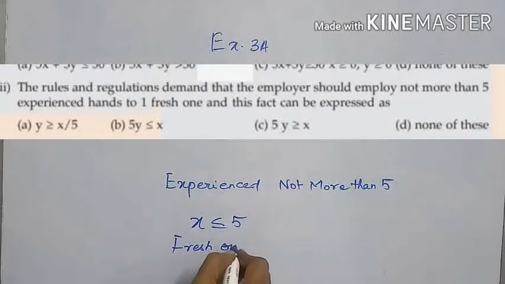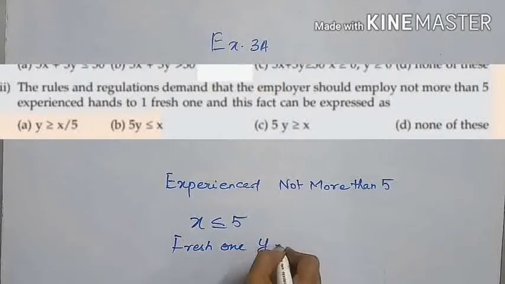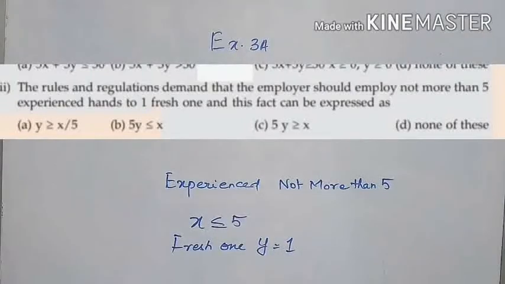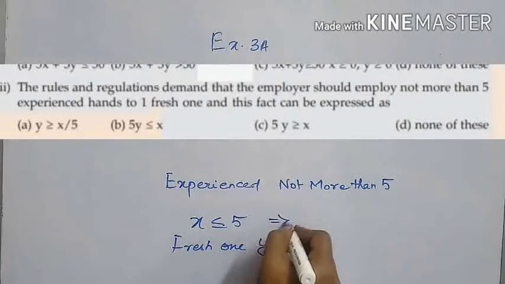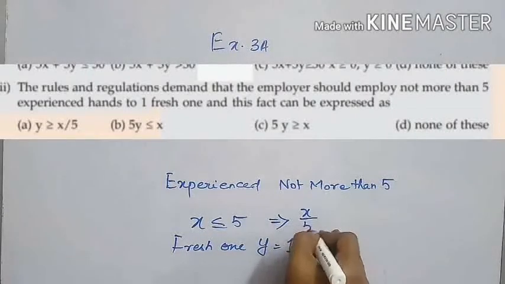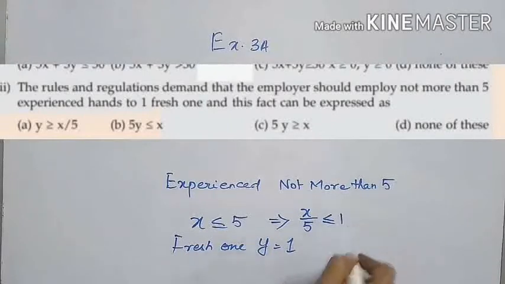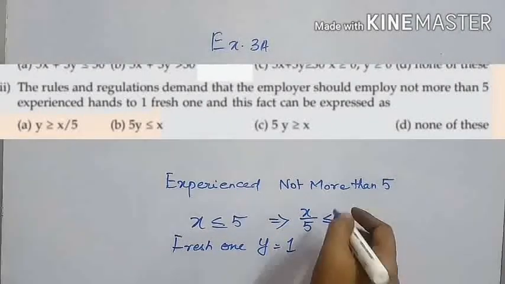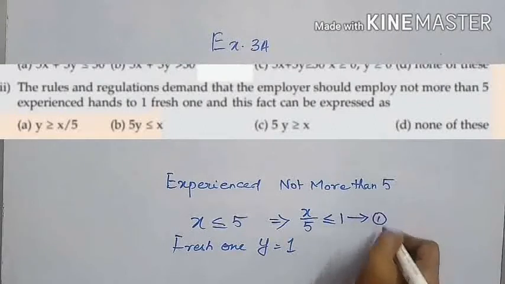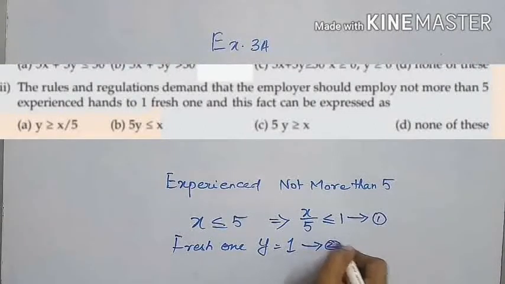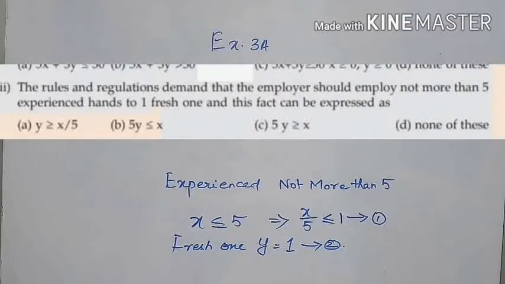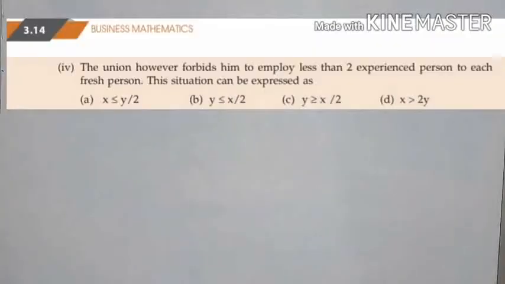For every fresh person, that is Y is equal to 1. So we can rewrite this equation as X by 5 less than or equal to 1. And in place of 1, let us substitute Y. So we get the answer as X by 5 is less than or equal to Y, which is option A.